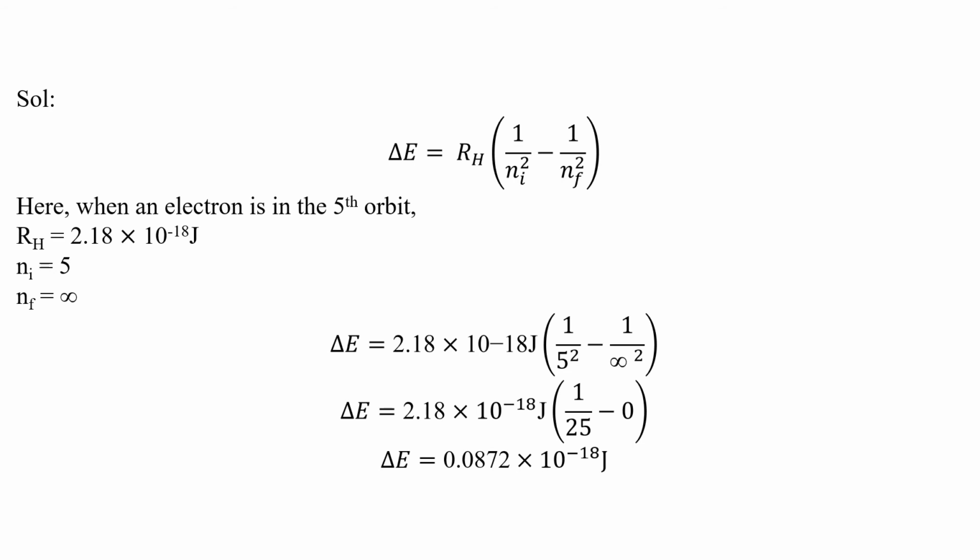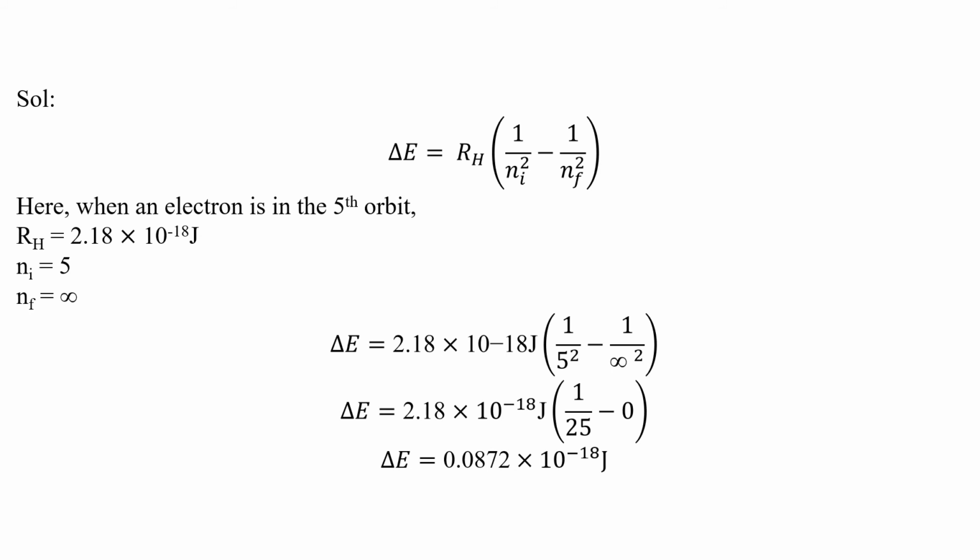So what do you have remaining in the brackets? 1 by 25. Now just divide 2.18 by 25 and you get delta E, which is equal to 0.0872 into 10 power minus 18 joules. What does this value correspond to?